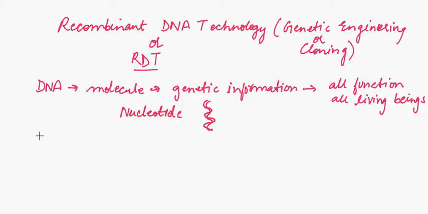And coming to the next term, gene. Gene is a stretch of DNA. Now this stretch of DNA has a different sequence of nucleotides attached to one another. The sequence of nucleotides will be different in different genes. So this is a stretch of DNA which is capable of determining a characteristic.